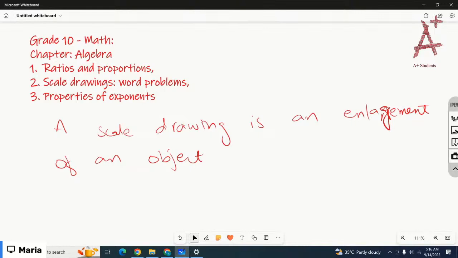So, a scale drawing is a drawing that shows a real object with accurate size reduced or enlarged by a certain amount, right?